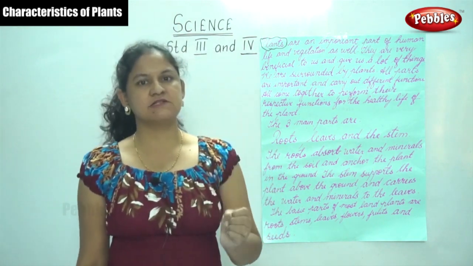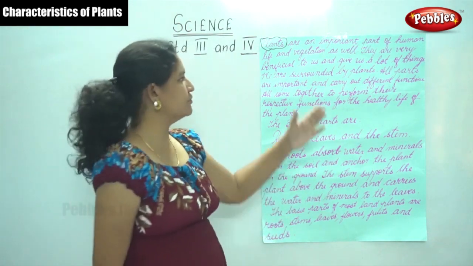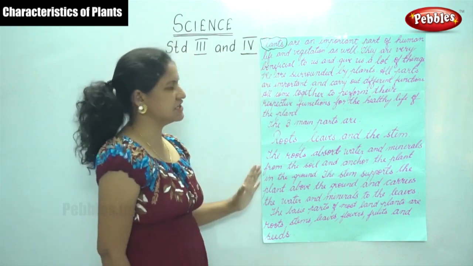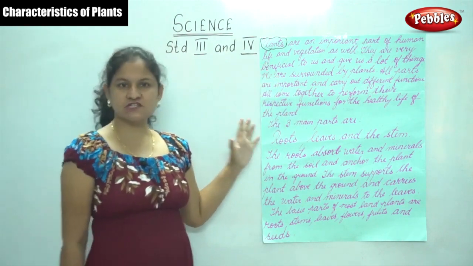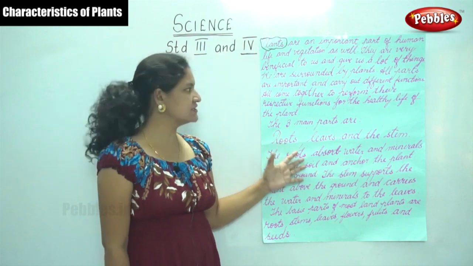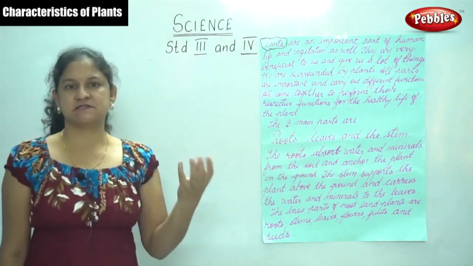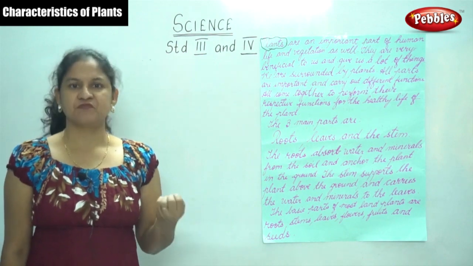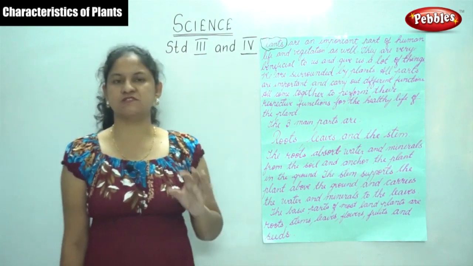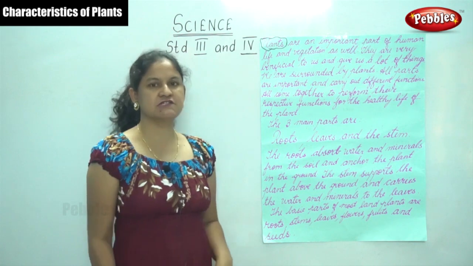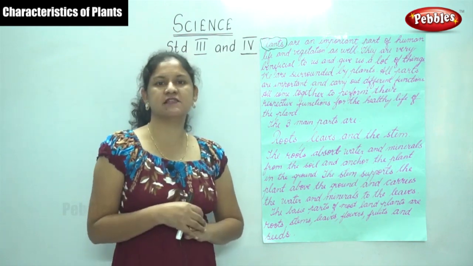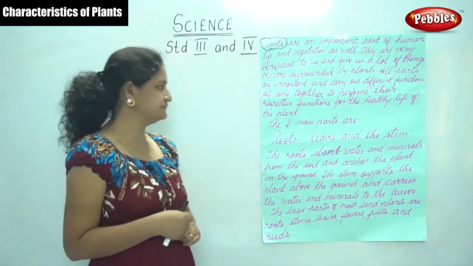So plants are important for human life and vegetation, and they are beneficial to us in so many ways. Every part of the plant is used by us and each part performs its proper functions, and this leads to the healthy growth of the plant.